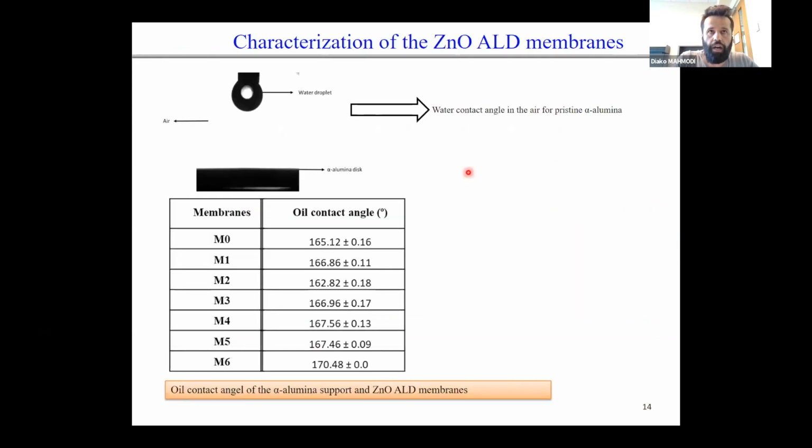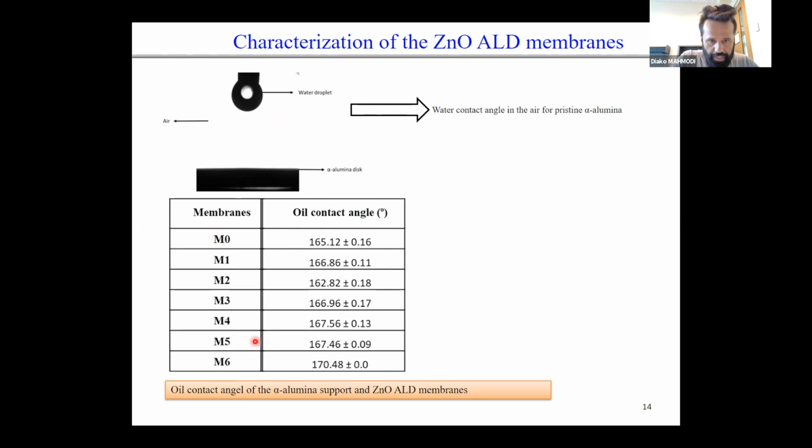Here are the oil contact angle and water contact angle. Alpha alumina is inherently hydrophilic, because once we drop water on its surface, the water spreads out completely and the water contact angle is 0. But in order to compare them, we needed to measure the oil contact angle. Here we measured the oil contact angle.